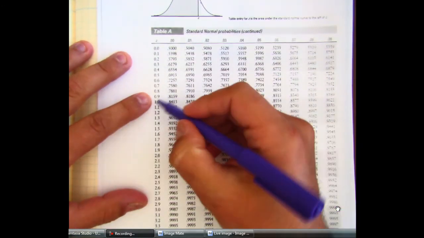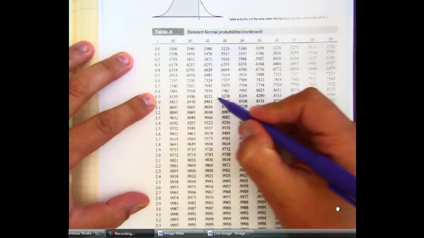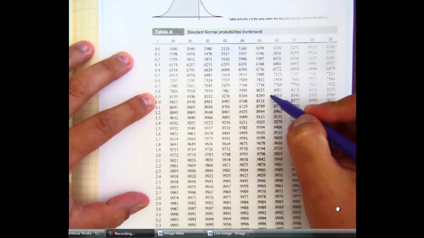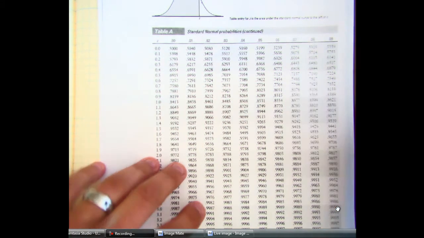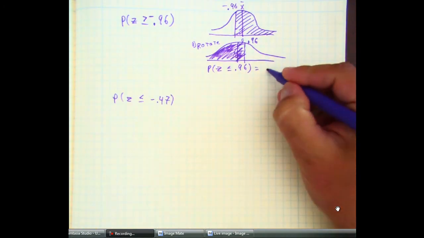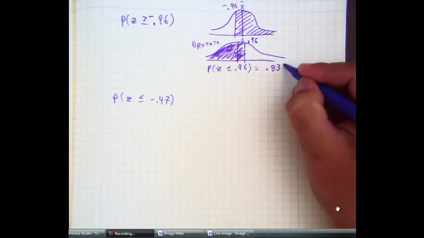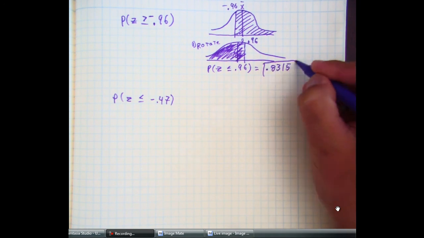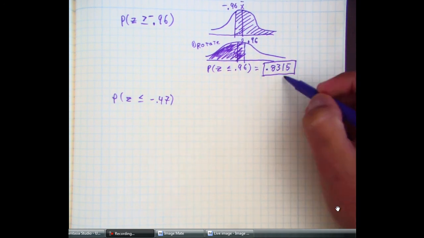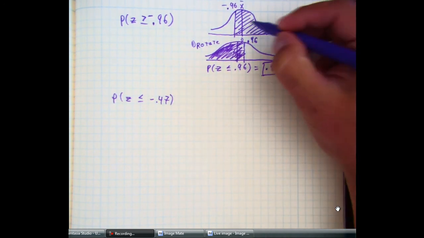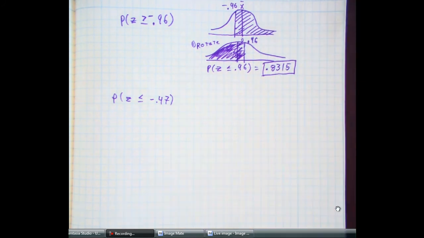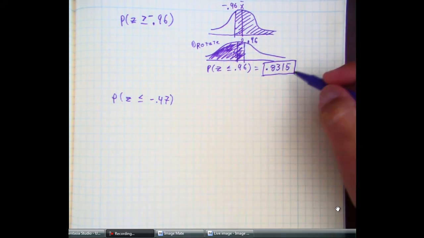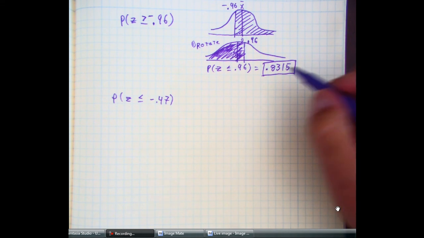So find 0.9, go all the way over to 6, and you get 0.8315 for the answer. Okay, again, our projection was it's going to be greater than 50% of the curve, and 0.8315 is greater than 50% of the curve.